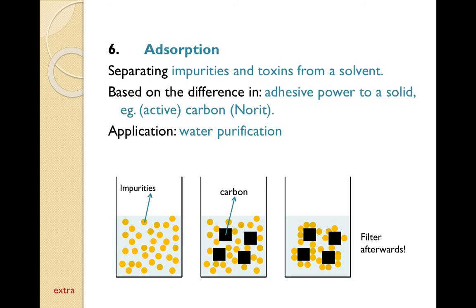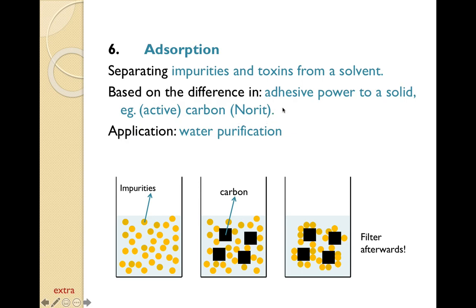Then we have adsorption, and adsorption basically means to stick to something. Ad means towards each other, and you can use this method to separate impurities and toxins from a solvent. This is used by people who go camping in the wild and need to find water, but they're not sure if the water is clean. They can use something called active carbon, commercially sold as NORIT.